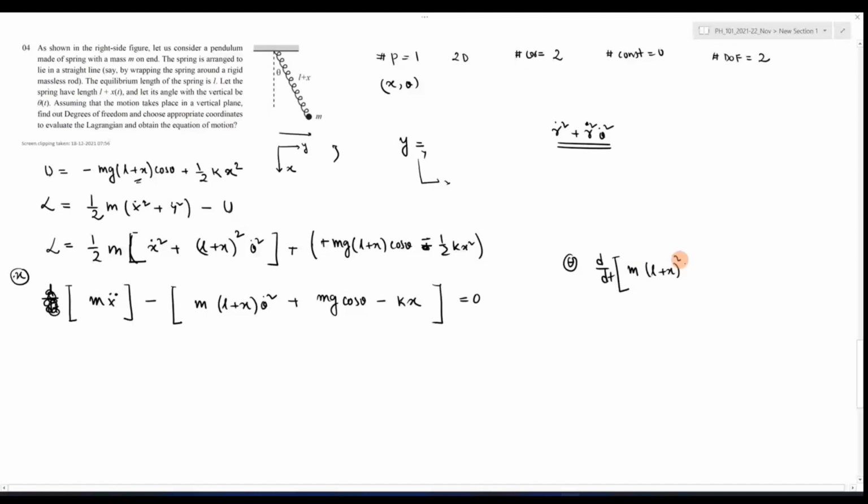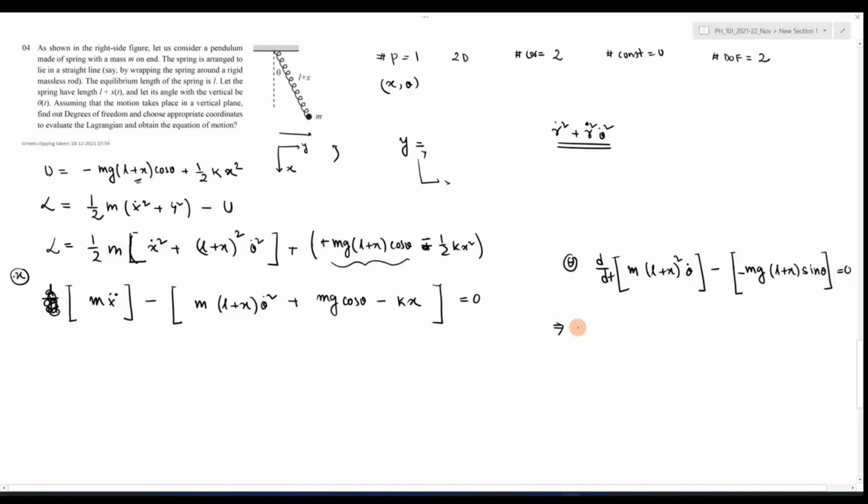This term is done. Minus. Is there any term containing theta? Yes, this term contains theta. So dL/d theta will give us mg (L plus x), and the derivative of cos theta will give us minus sin theta, equal to 0.